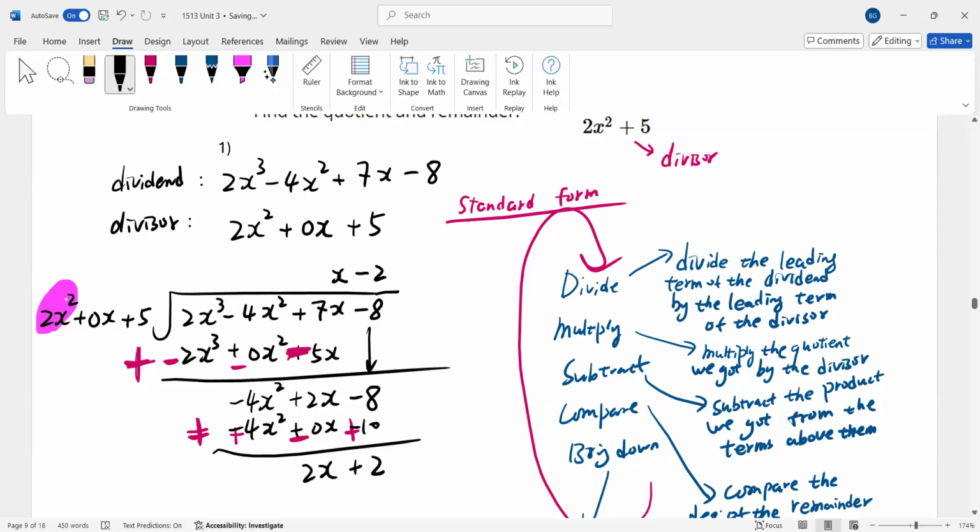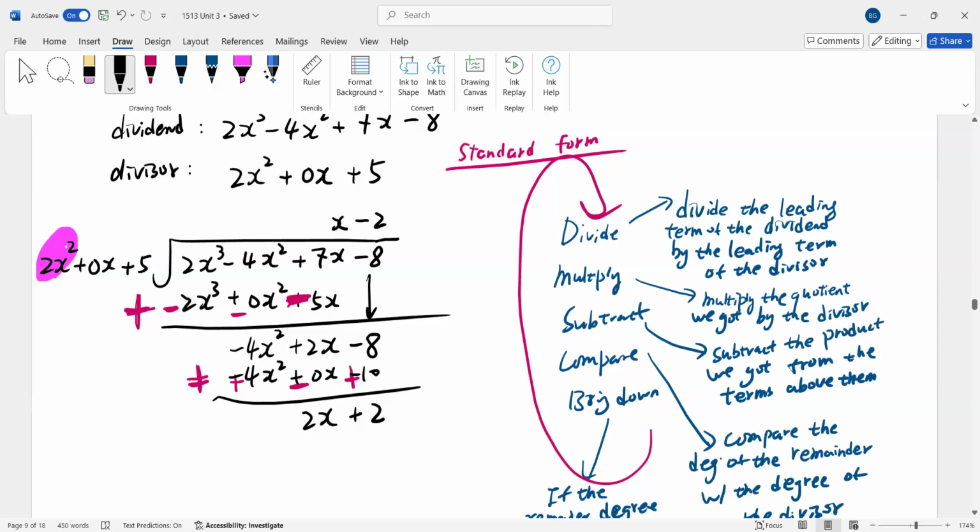So 2x cubed plus 0x squared plus 5x, 2x, negative 4x squared minus 8, negative 2, negative 4x squared, 0x minus 10. Okay, I think everything looks good. Negative 8 plus 10 is 2.